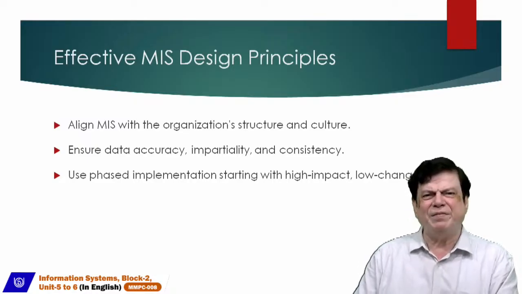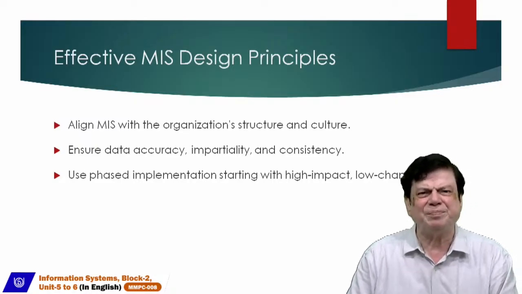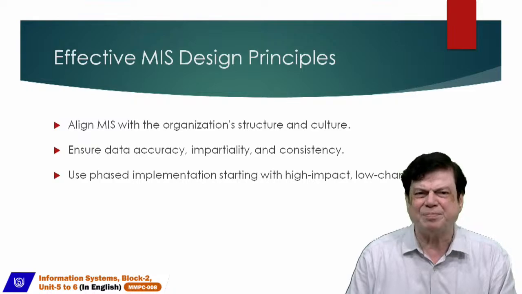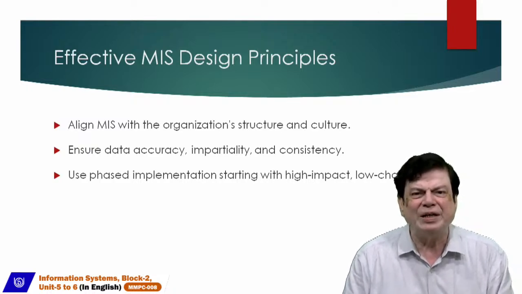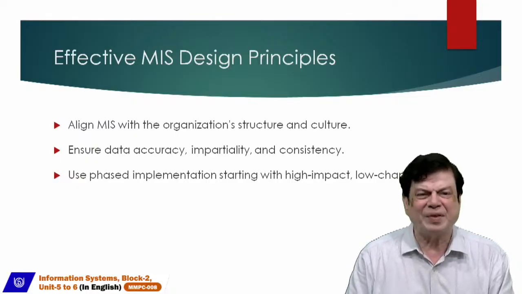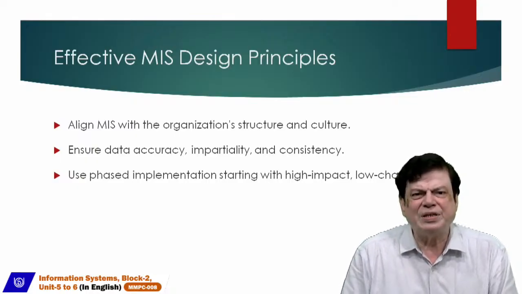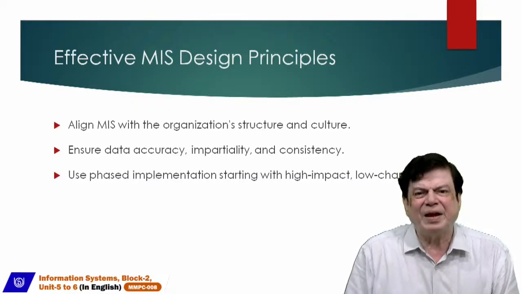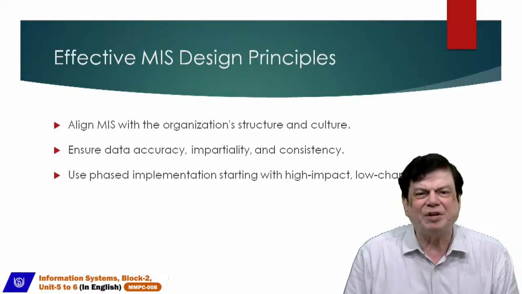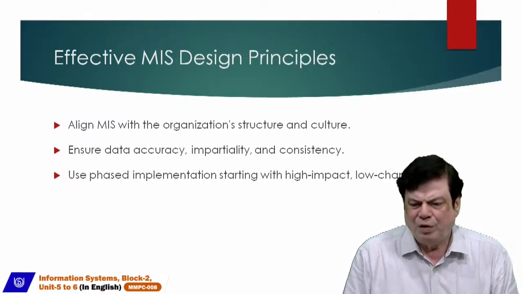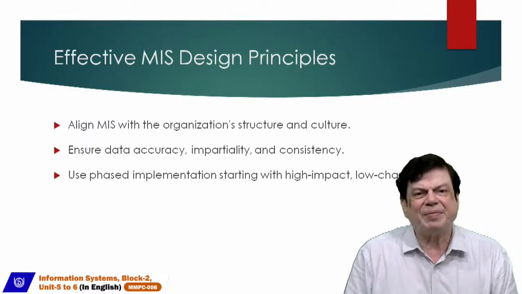Now, effective management information system design principles. Align management information system with the organization's structure and culture. Ensure data accuracy, impartiality and consistency. Use phased implementation starting with high impact, low change areas.